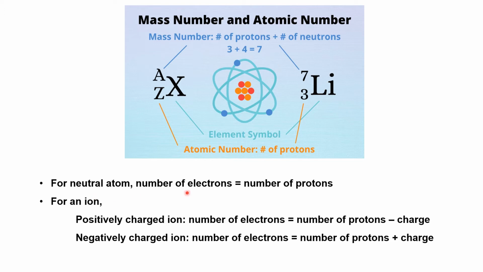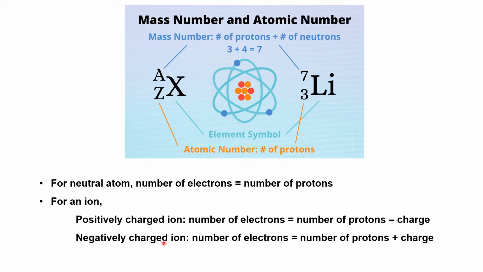For a neutral atom, the number of electrons is always equal to the number of protons. So if we know the atomic number of an element, we can tell the number of protons as well as the number of electrons. But for an ion, the charge is written as a superscript on the right-hand side of the element.